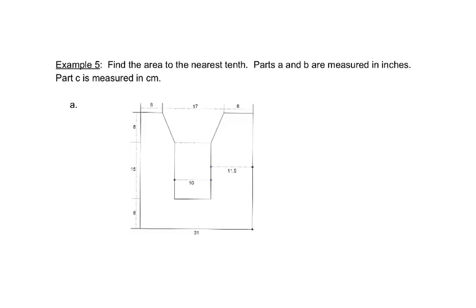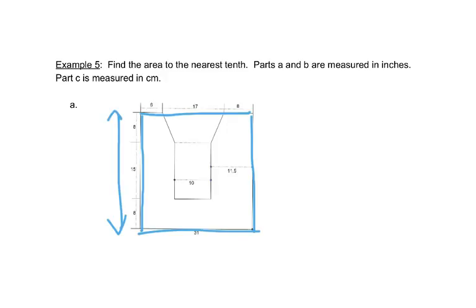So now we're going to look at a slightly different kind of problem, example 5. We're going to have to put all sorts of different things together. So I'm going to show you 2 different strategies for these kinds of problems where it's not just one shape. So for the first idea here, we're going to look at the outside of this. It's 31 across, and if we add up the 8, the 15, and the 8, we get 31 up and down.